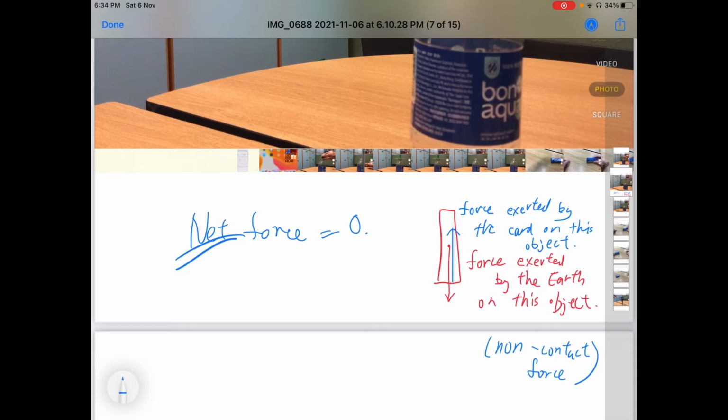And the meaning of net is that there may be several things affecting an object or several processes affecting an object. And in this case, there are several forces acting on this object. And after we consider all the forces, then the overall effect is what? And this time, because the two forces are opposite in direction but with the same size, they cancel out each other.